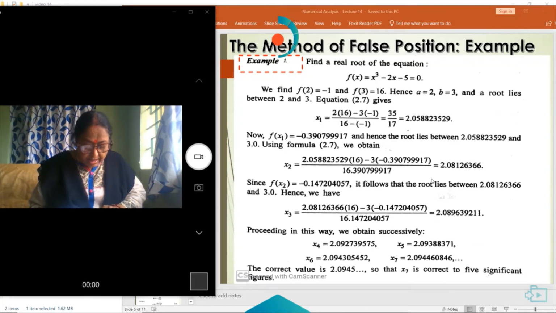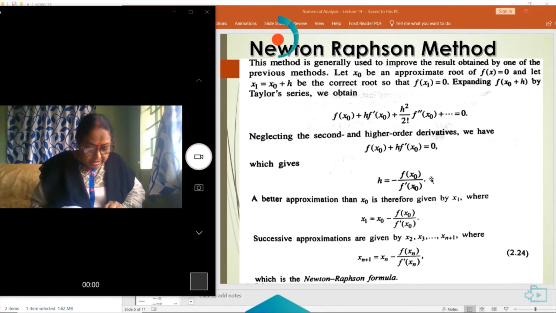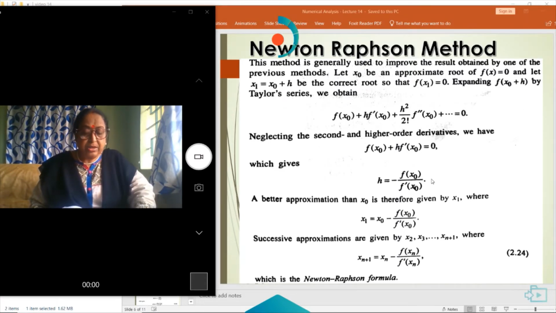Again we calculate x3. Proceeding in this way, we obtain x4, x5, x6 and x7. We can say that 2.09435 is very similar to 2.09446, so the root lies between these two points.